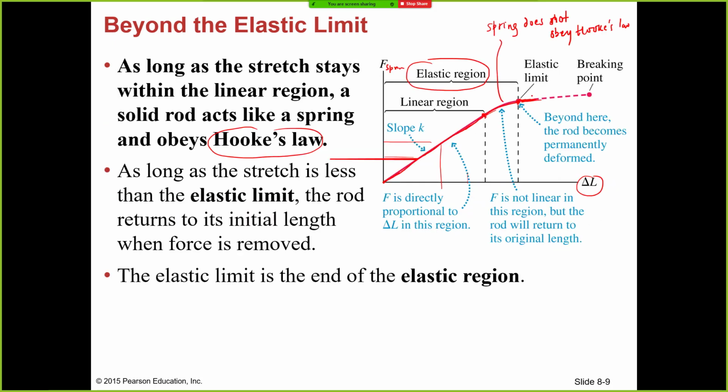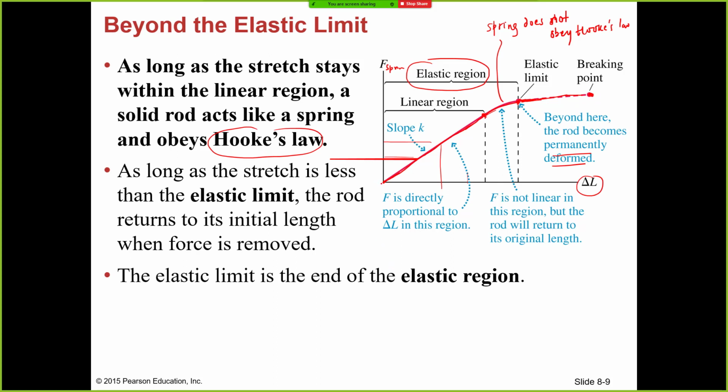The spring would be deformed. Beyond this point, the spring or any kind of object, it could be a rod or wires, would be permanently deformed. And then if you further increase the force, at some point the spring or the wires or any kind of rod will break. So this point is called the breaking point.